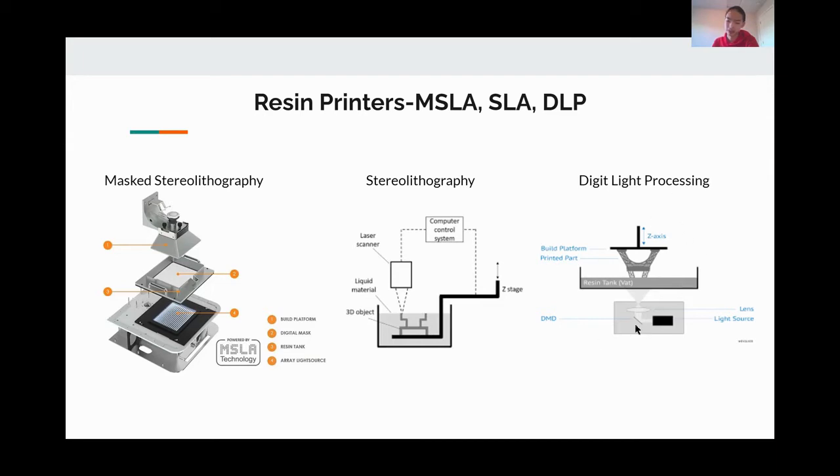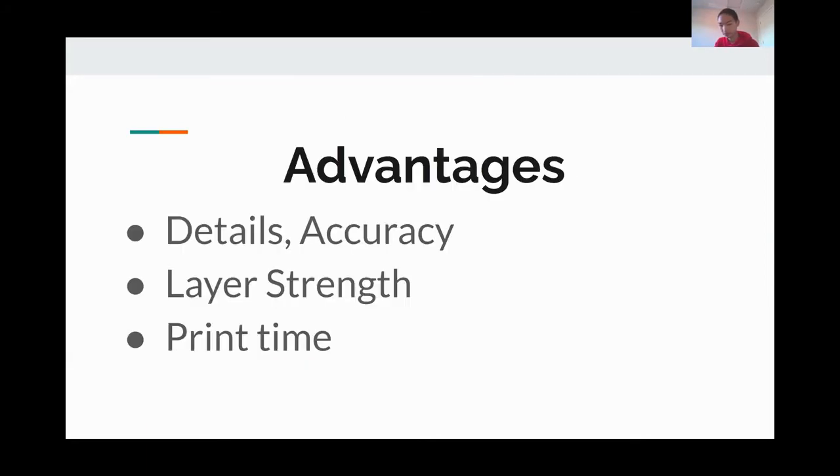Digital light processing is usually a bit faster, but because it projects an image rather than masking parts off, it's a little bit pixelated when the prints come out, so it's not as high quality. So the advantages of resin printing are details and accuracies.